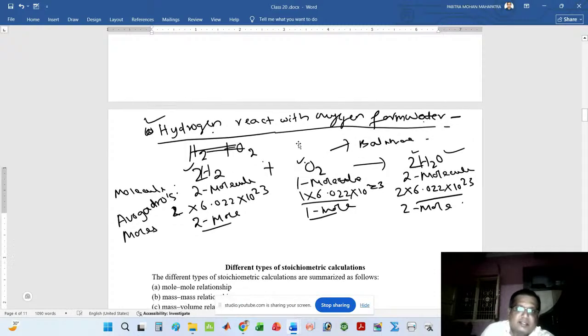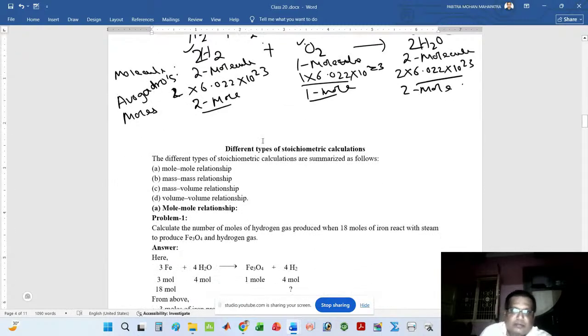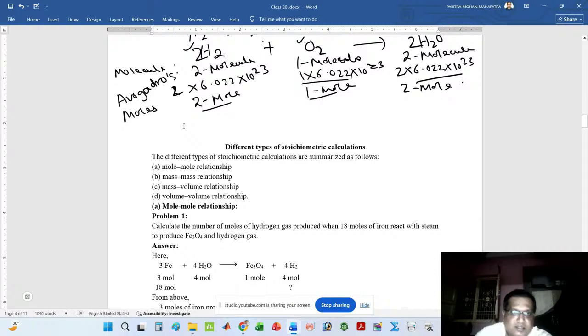Next, suppose I want to express in terms of masses. All are present as molecules, so here we use the molecular mass. The molecular mass of hydrogen is 2, so I can write 2 into 2, that is 4 gram.